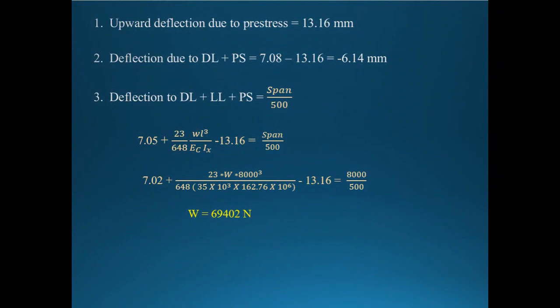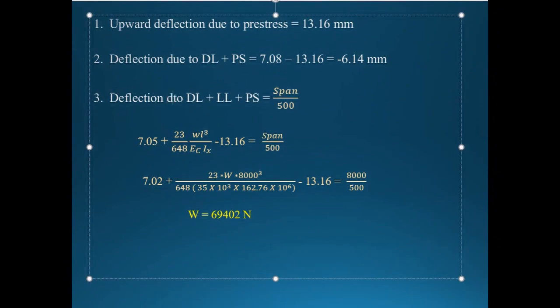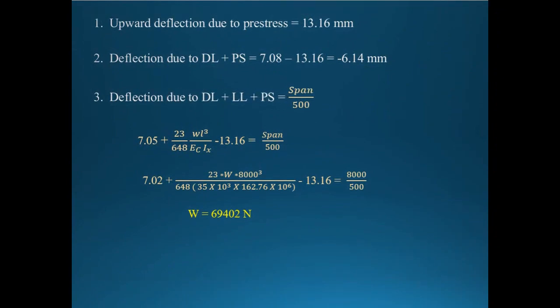So for that, see here, deflection due to dead load plus live load plus pre-stress equal to span by 500. They have told us to use span by 500, so take that condition.